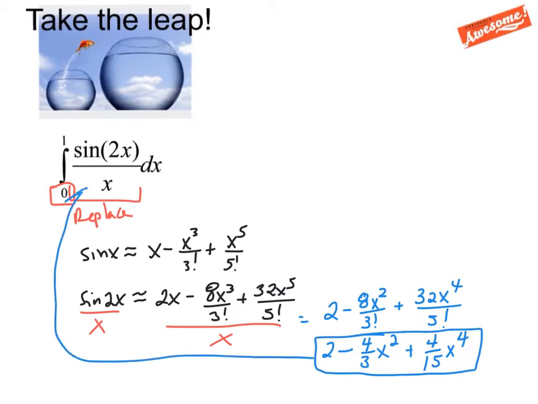So I can't integrate that original function, but I can integrate this approximation. So here's what I'm going to do. I'm going to say that this original integral is approximately the same as the area from 0 to 1 of this approximation.